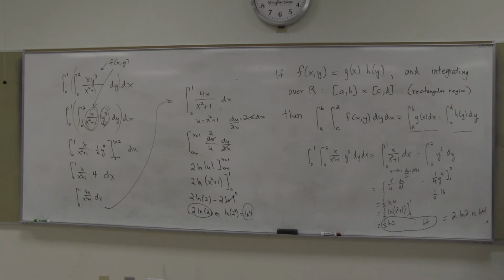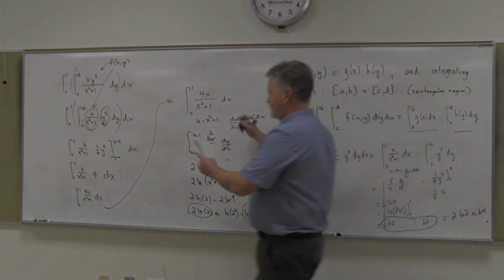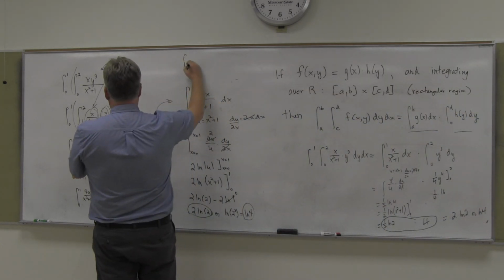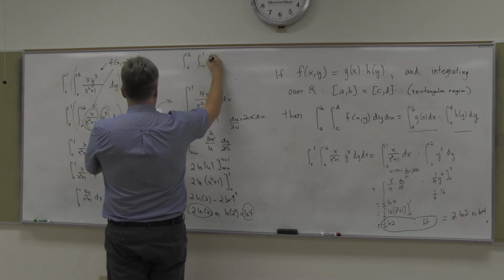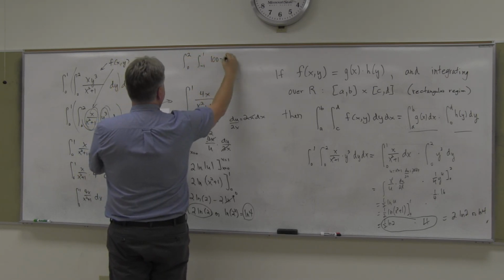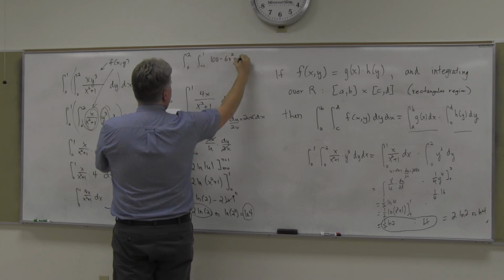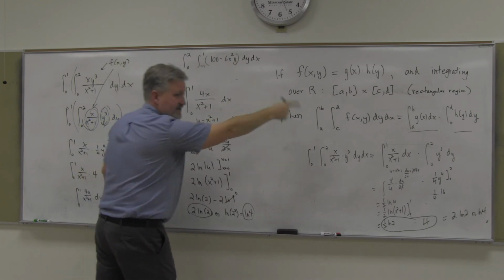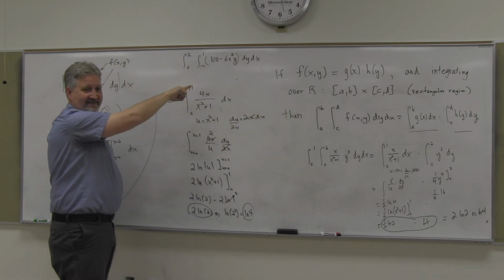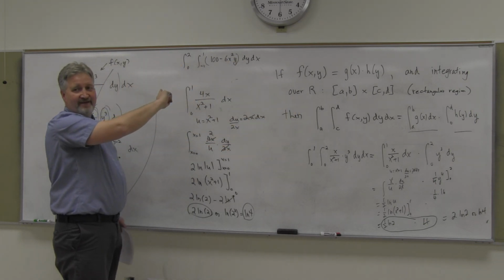But that's only in that special case. The previous one, like what I had earlier, was 0 to 2, negative 1 to 1, 6x squared y, dy dx. This doesn't pertain to that, because I can't split up the x's and the y's here.